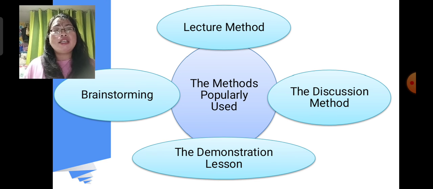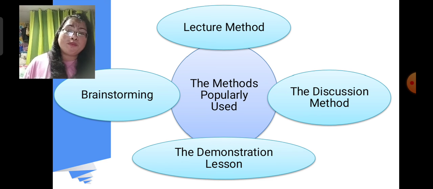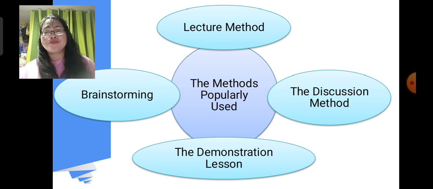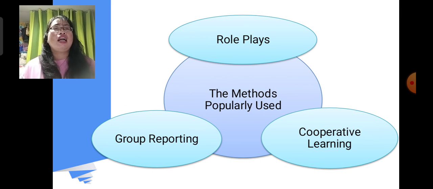The third one is the demonstration lesson. Then the buzz group, brainstorming, role plays, cooperative learning, and group reporting. Those are the methods that are popularly used.